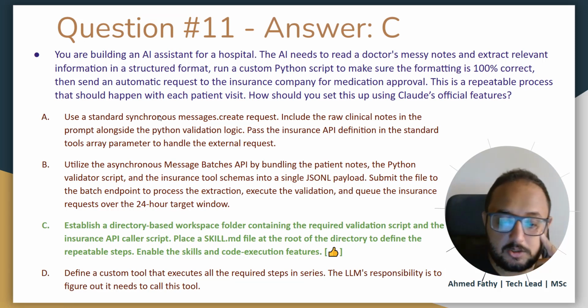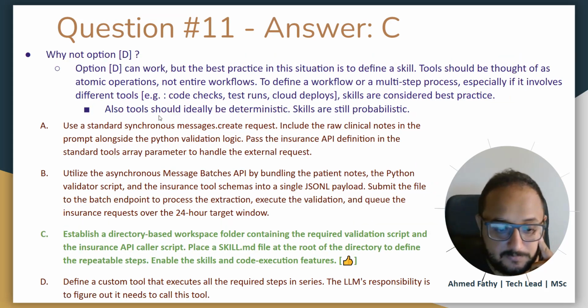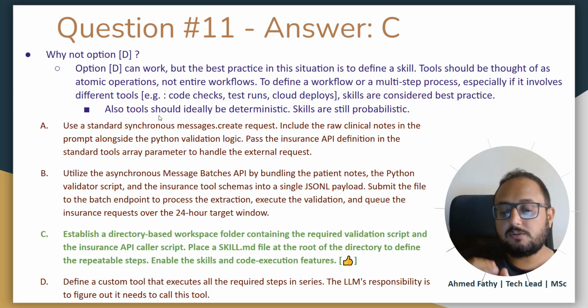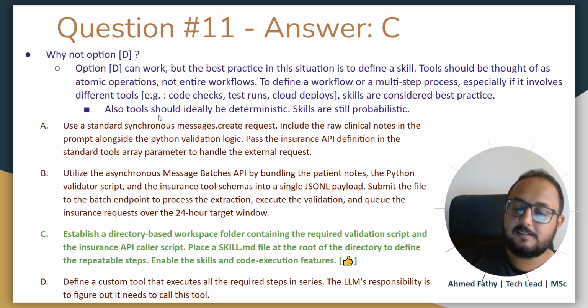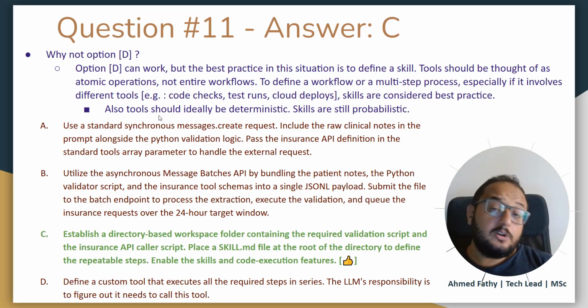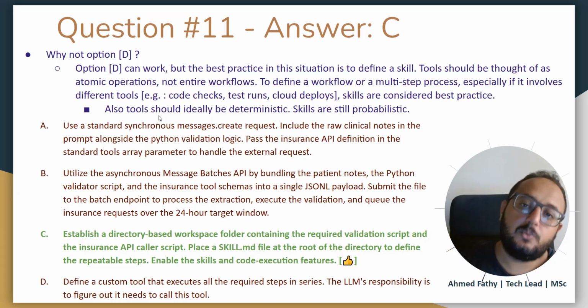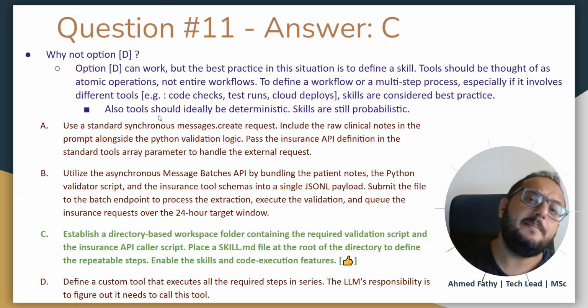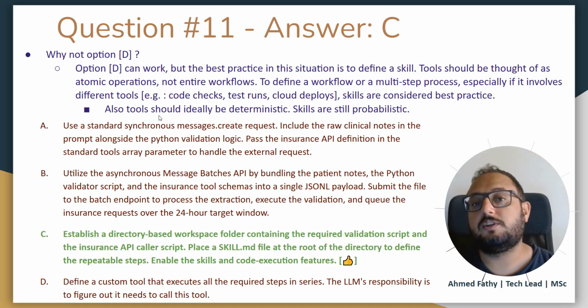Okay, but why not option D? Option D says define a custom tool that executes all the required steps in series. The LLM's responsibility is to figure out if it needs to call this tool. So, I mean, this also can work. And in some situations, if you really don't need the reasoning power of an LLM, maybe this is a better option.